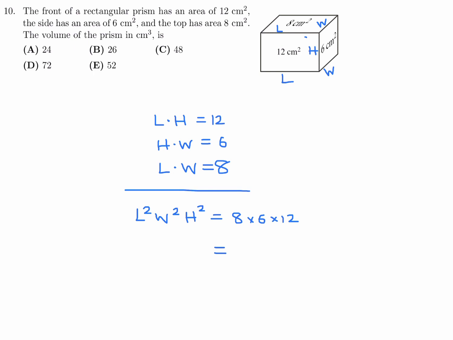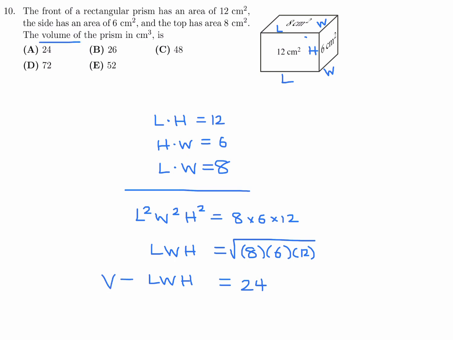So if you take the square root of both sides, this just becomes L times W times H. And then you take the square root of 8 times 6 times 12. And if you do, you get 24. And length times width times height represents the volume. That's how you figure out the volume of a prism. So number 10, the answer is 24, which is choice A.